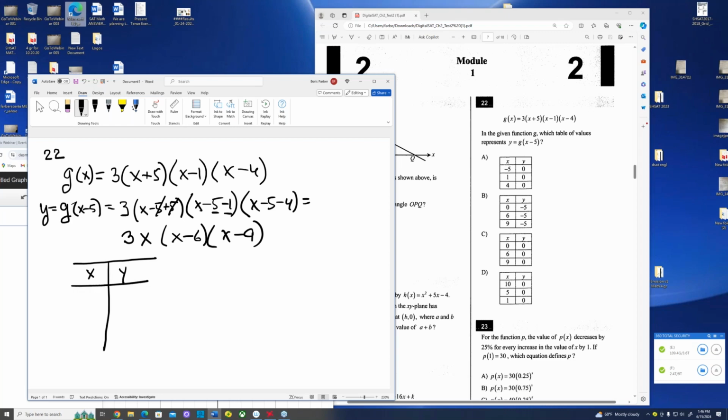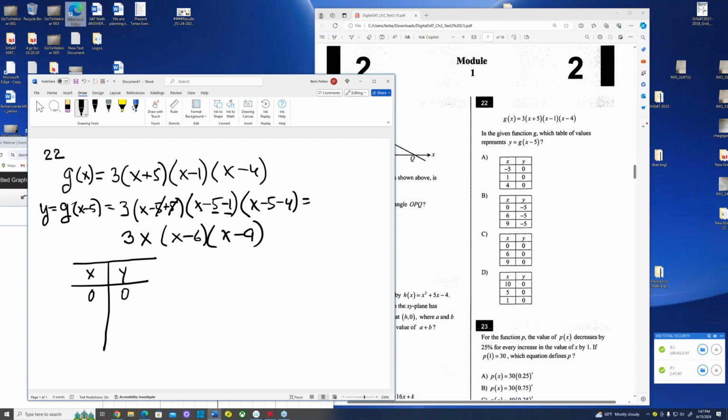Okay. Let's say when x, so far so good, equals 0, all product equals 0, y equals 0.